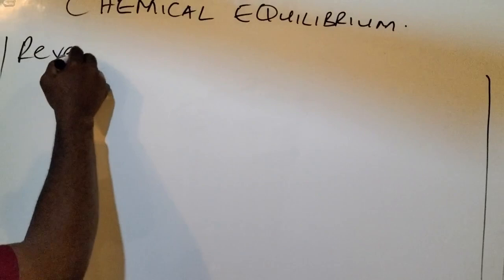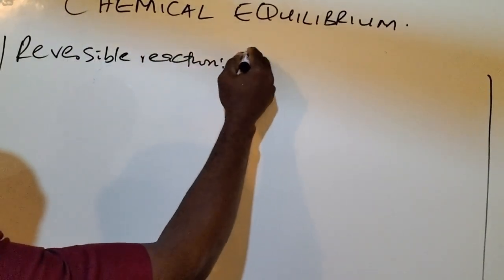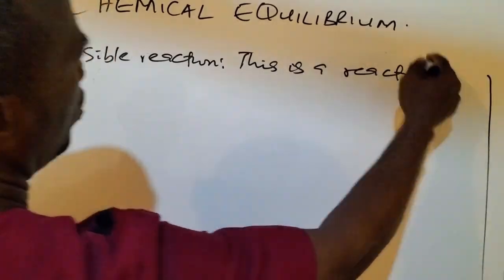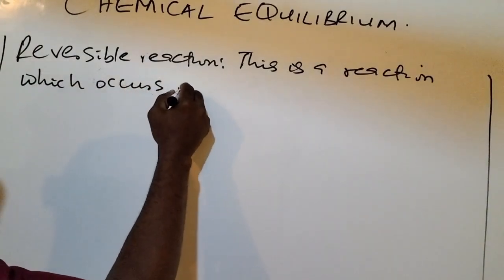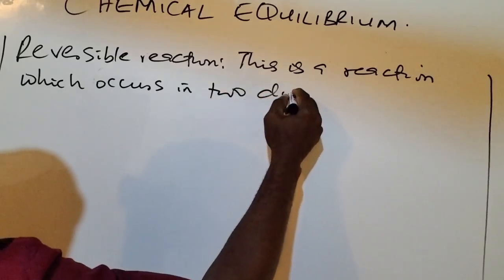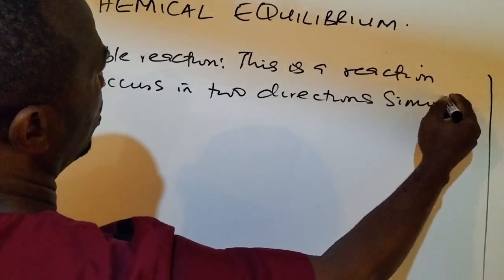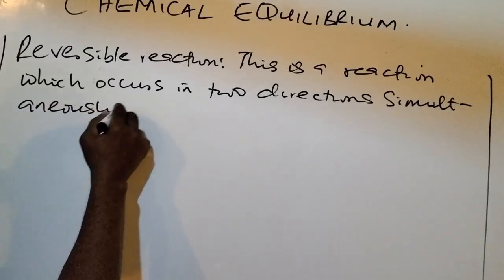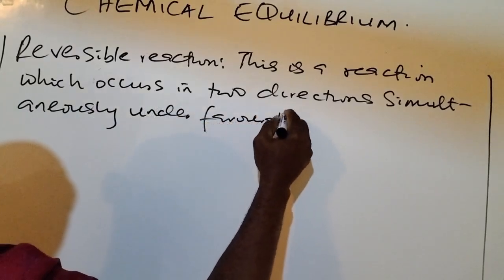So in chemistry, a reversible reaction is a reaction which occurs in two directions simultaneously under favorable conditions.